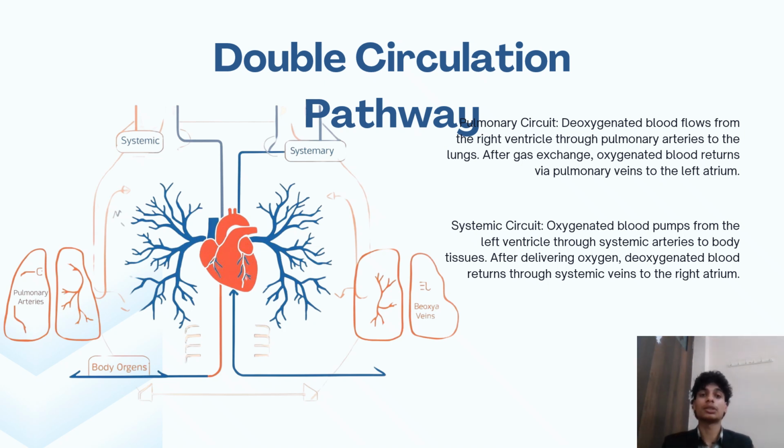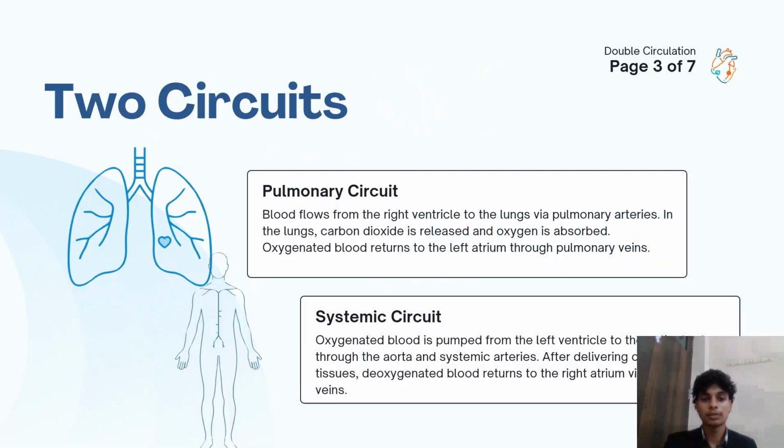And after delivering oxygen, deoxygenated blood returns through systemic veins to the right atrium. So the double circulation is happening again. It is the repetition of the circuit of the double circulation. And now we go to the next slide.